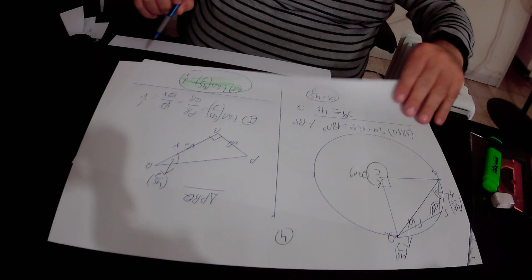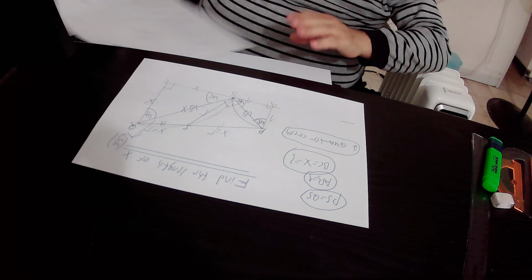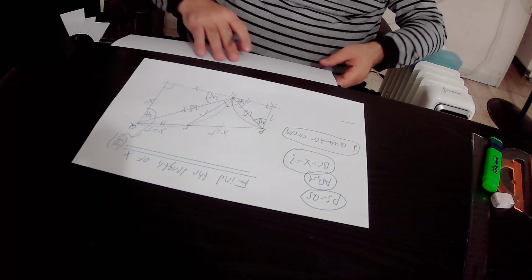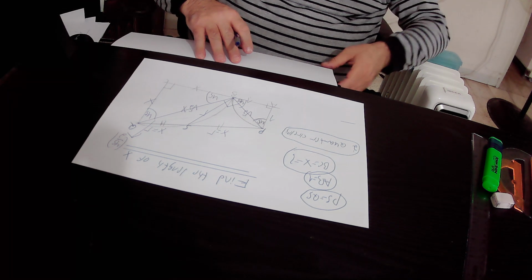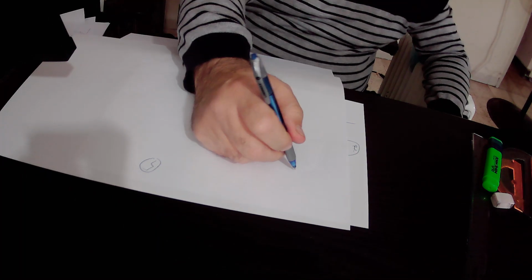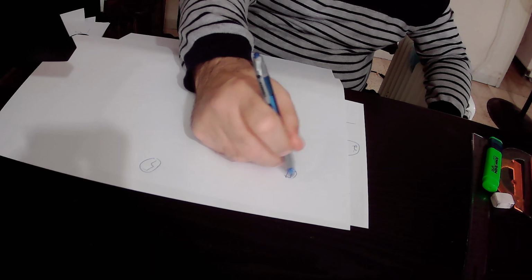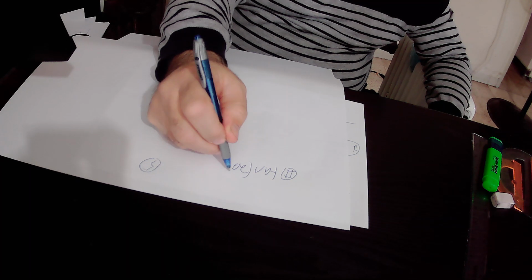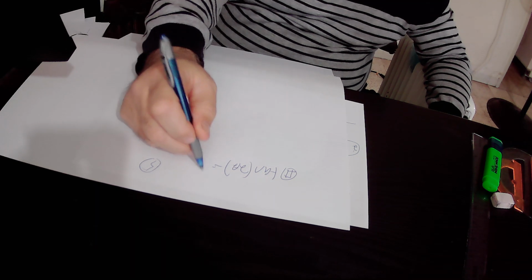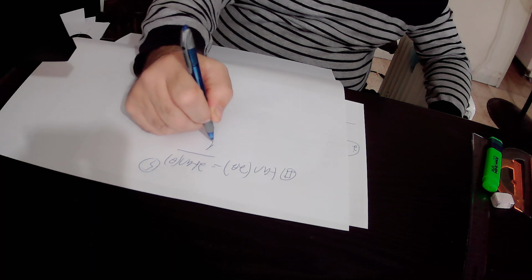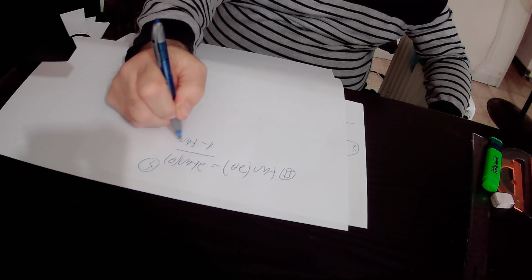And we also have the trigonometric identity that states that tangent 2 theta equals 2 tangent theta over 1 minus tangent squared theta.